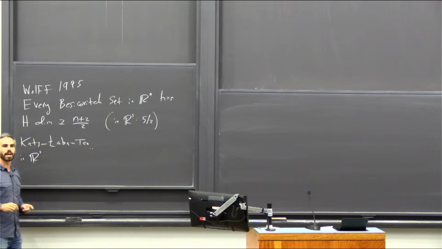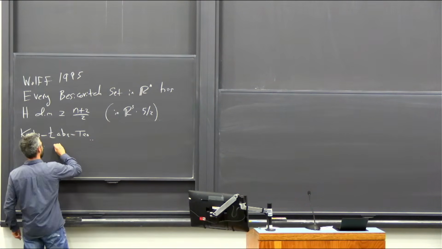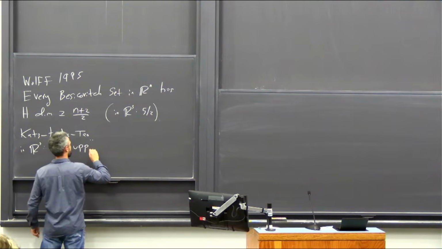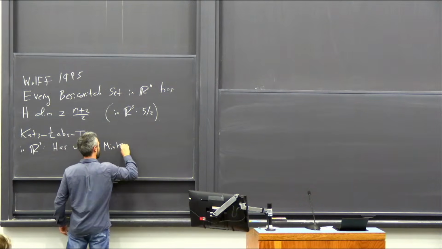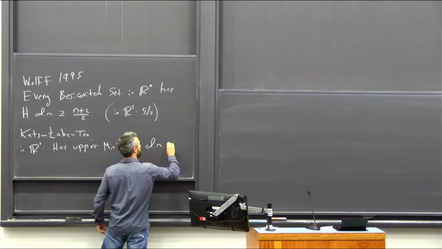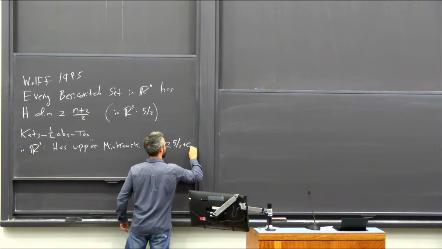They didn't quite do that. Instead, they looked at the upper Minkowski dimension, which is a slightly weaker notion. They proved that every Besicovitch set in R^3 has upper Minkowski dimension, I'll tell you some sense of what that is in just a moment, at least 5/2 plus some small c naught.